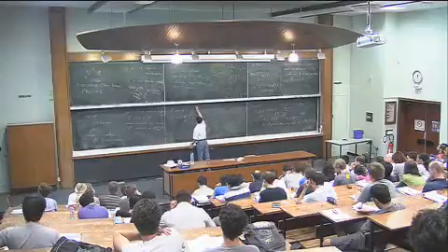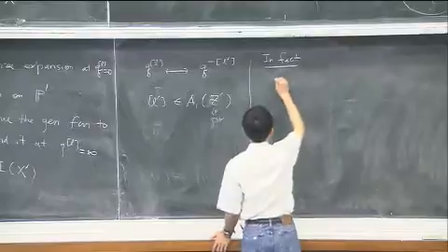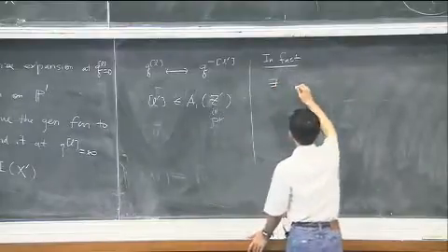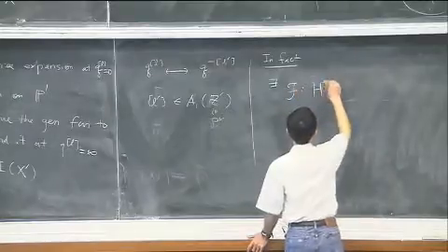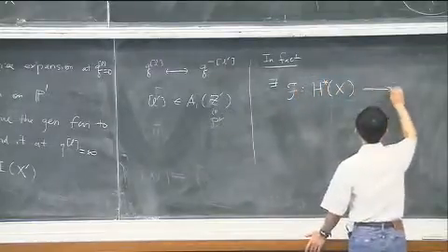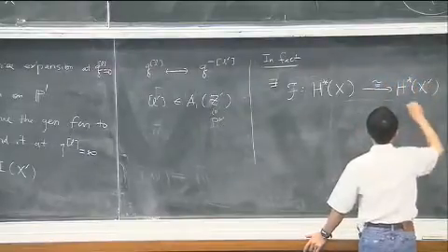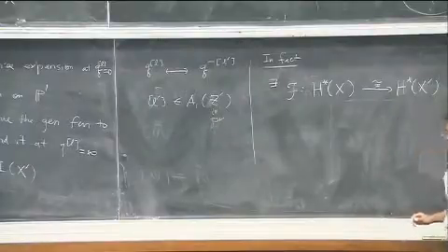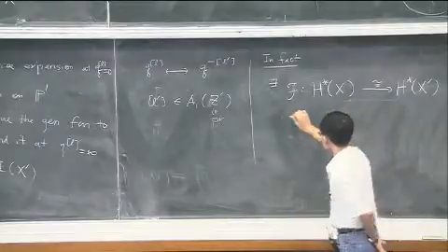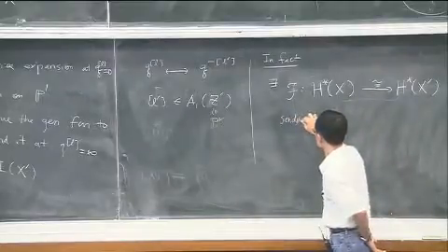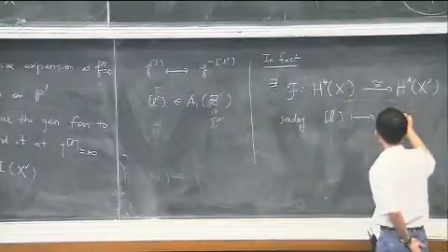So in fact, what is more true is that there exists an isomorphism of this, which sends the line class I was talking about to the negative line class here.